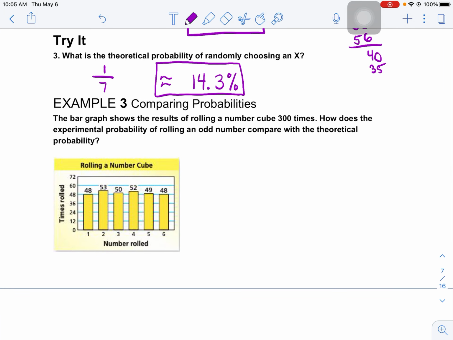All right, example 3. Okay, it says the bar graph shows the results of rolling a number cube 300 times. Remember, a number cube is just a 6-sided dice. Okay, how does the experimental probability of rolling an odd number compare with a theoretical probability? Okay, so let's start with theoretical.